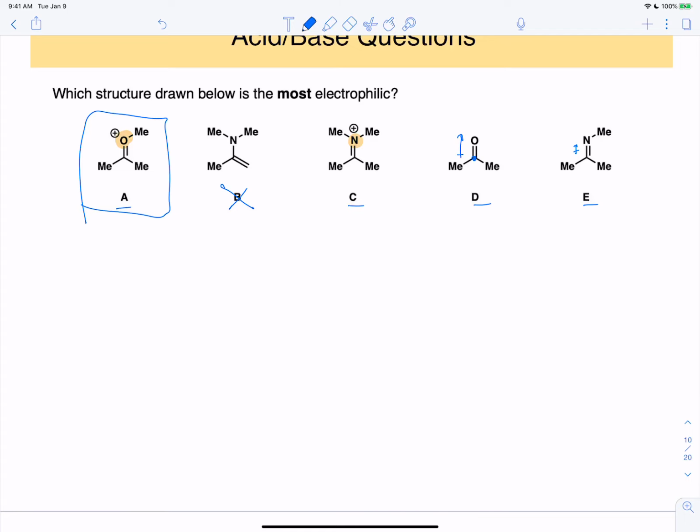Imines actually are really poor electrophiles on their own. They need to be protonated or alkylated in order to get a reaction to take place at the carbon. That's because if we were to try to have a nucleophile directly add in, we end up with this highly reactive amide that we know acts as a wicked strong base and tends to be highly reactive.